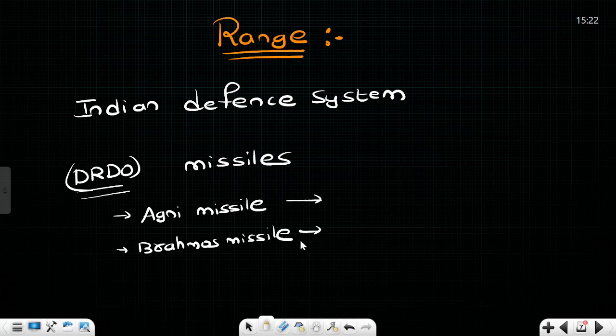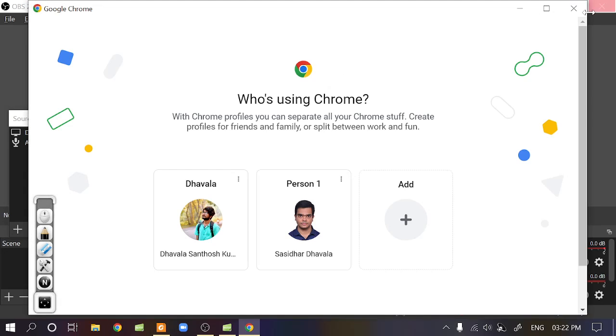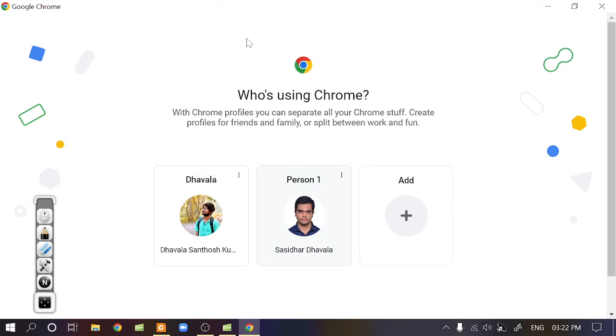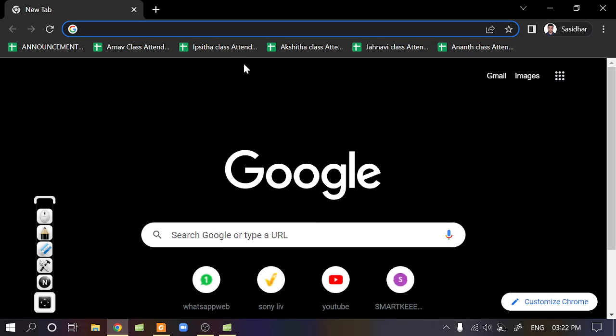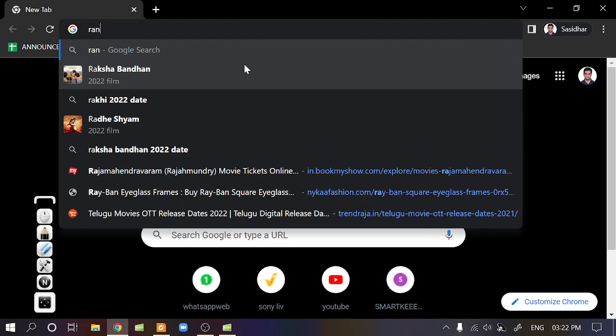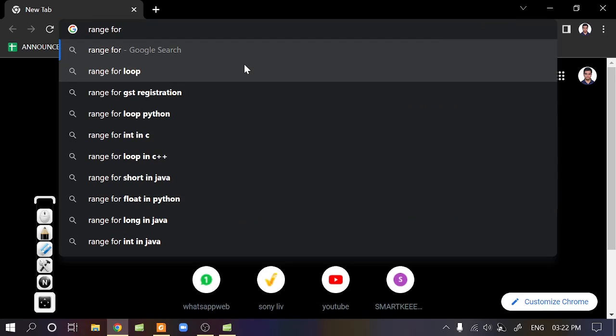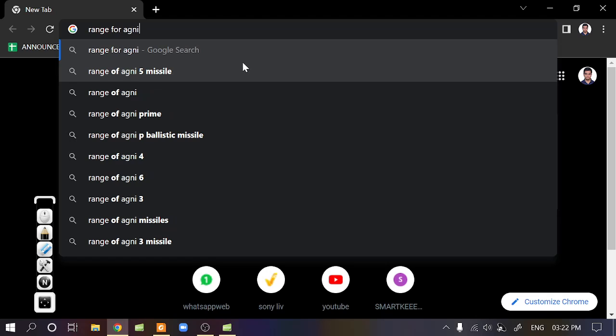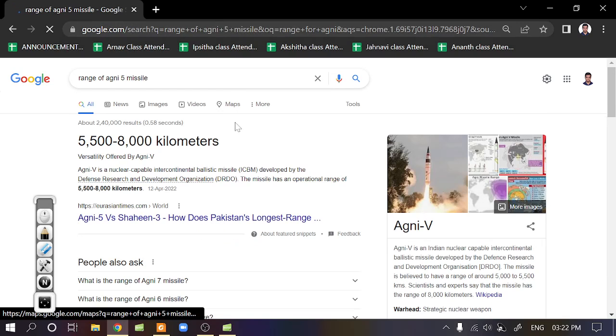Sir, let's see online what the range is for... See here, range for Agni 5 missile is 5,500 to 8,000 kilometers.